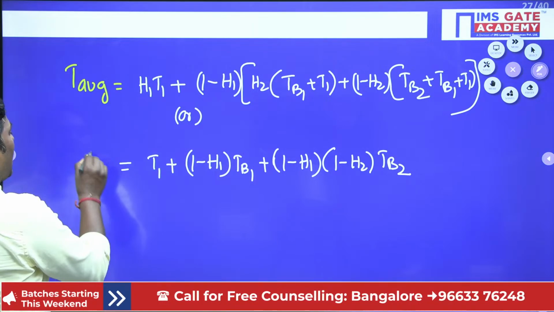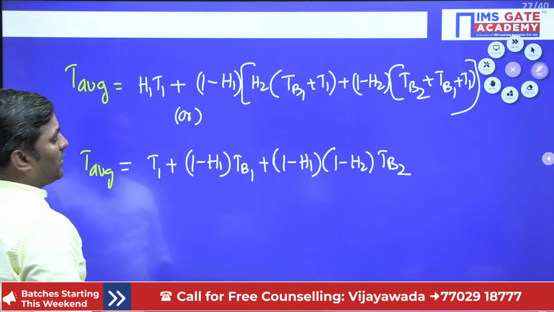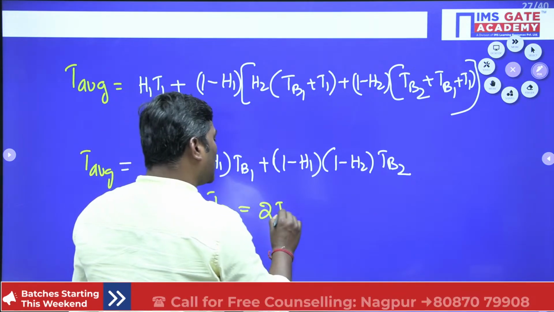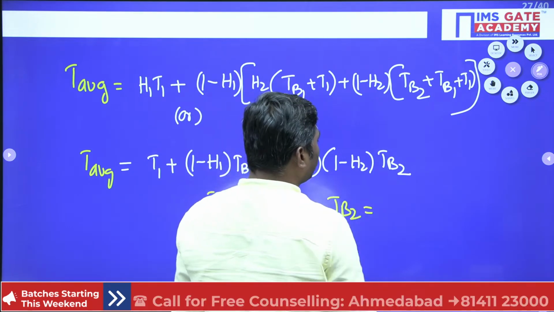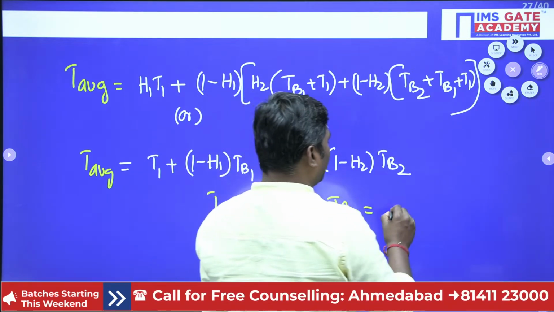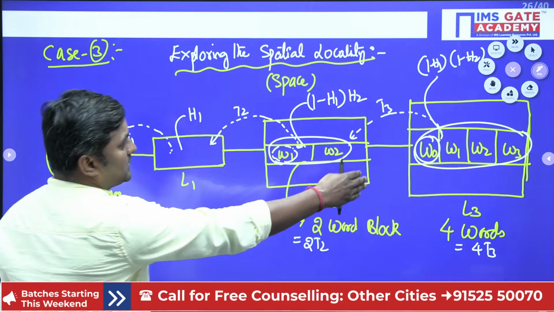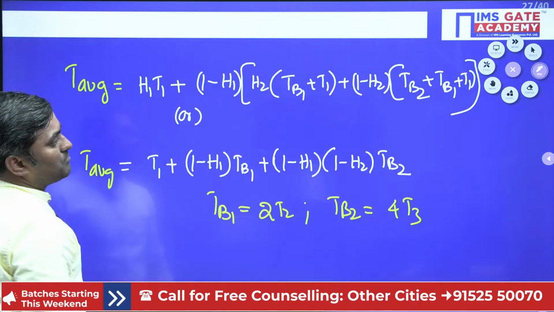So this is the average access time, both are the same, just mathematically simplified. What is TB1? TB1 is 2 times T2, where TB2 is the block of 2, what is the meaning? 4 times T3, because 4 words I mentioned. In the example, 4 words are moved here, 2 words are moved, you have to understand that here.